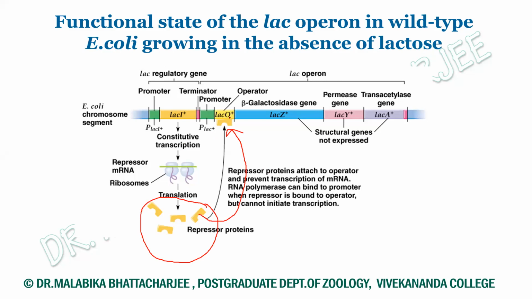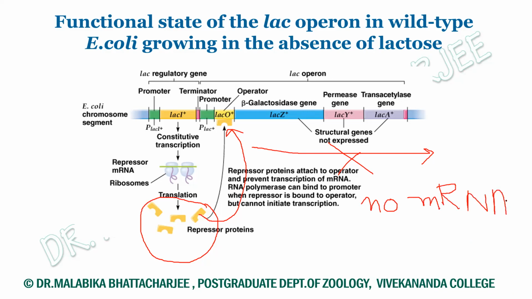The binding of the repressor molecules to the operator DNA results in no production of the mRNA for Z, Y, and A. As the repressor remains bound to the operator, RNA polymerase cannot bind to the promoter, and the main thing is that there is no mRNA production. Hence, this is known as negative control.